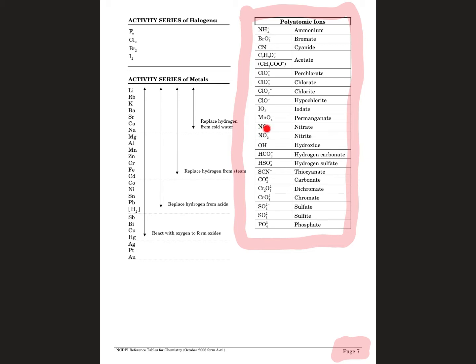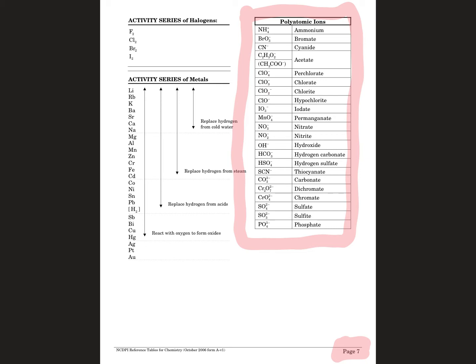But down here, this is NO, that's nitrogen and oxygen. Now, I've seen some people writing things like CLO, where C is capital, but L and O are lowercase. So that's incorrect, because this is chlorine, which is Cl, and then a capital O, which is oxygen. Okay, so those are polyatomics.